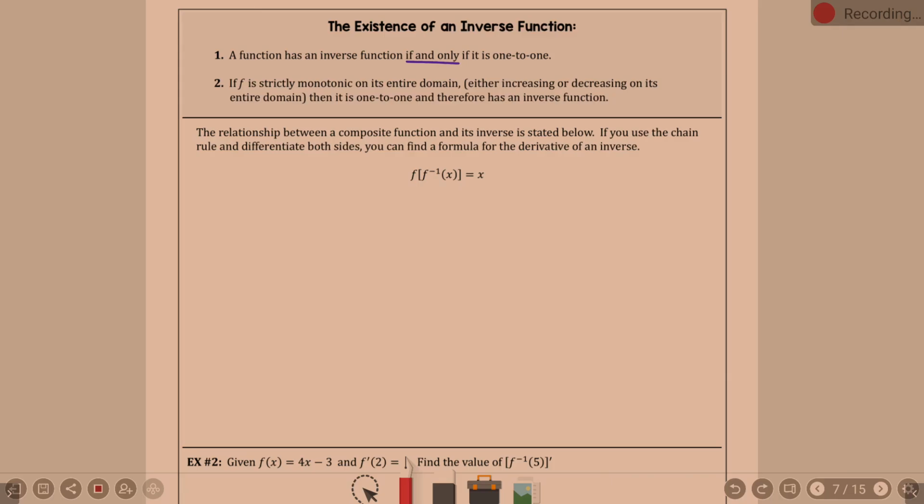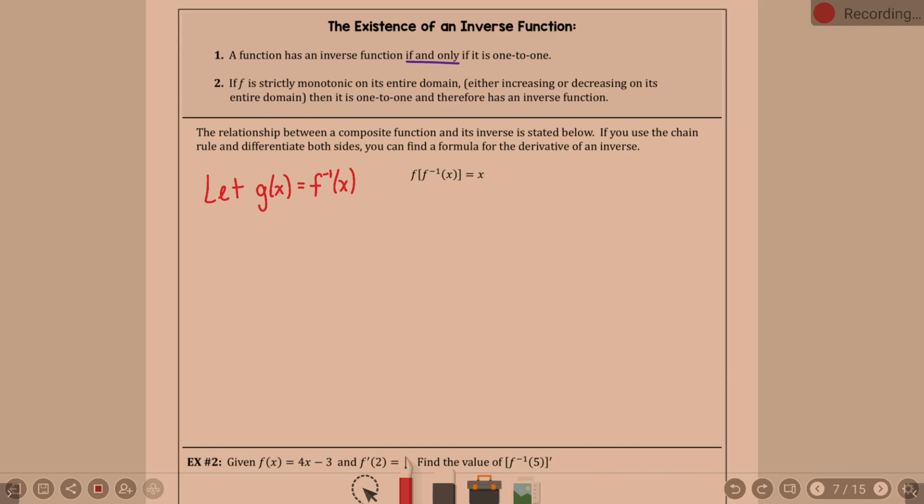Instead of f inverse, I am going to define g of x to equal f inverse of x. Again, this is just so life doesn't get too crazy in this problem. That's the honest truth.